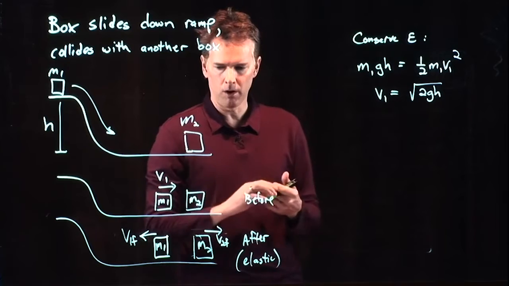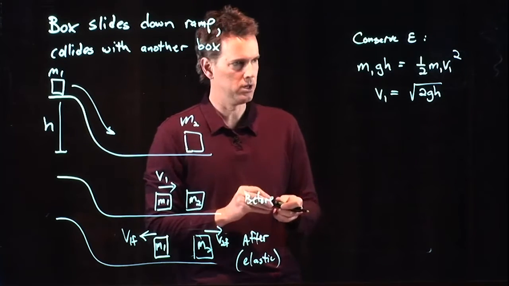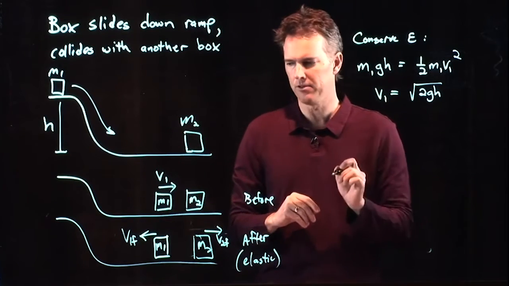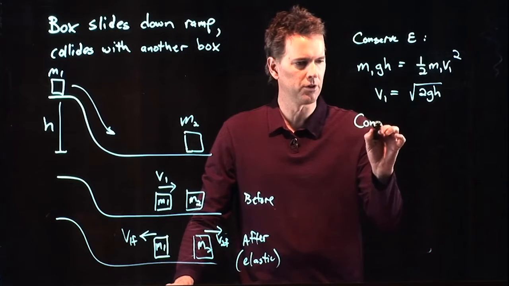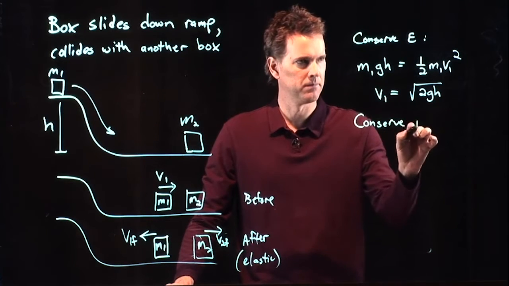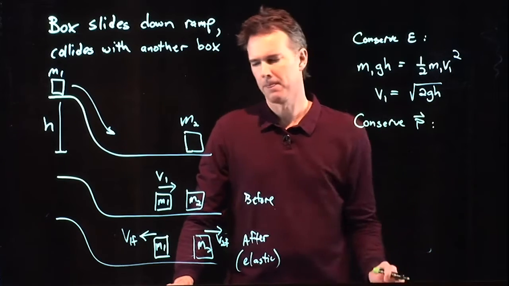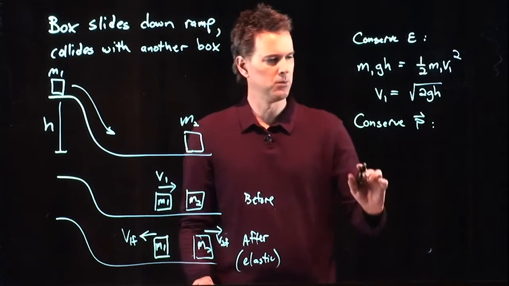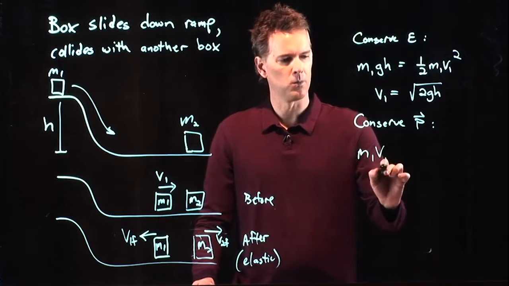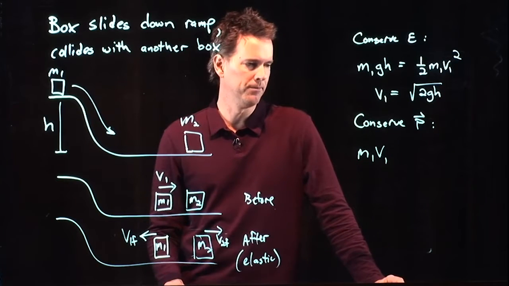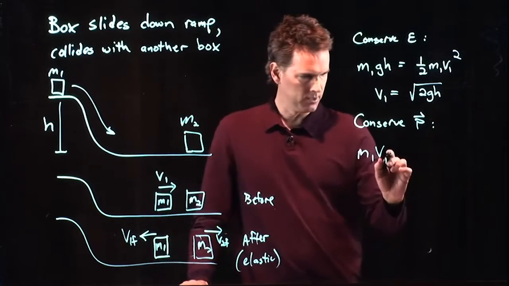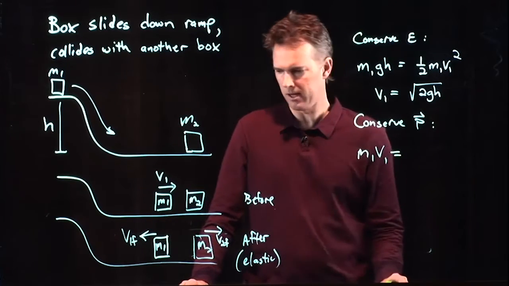So before the collision, block 1 is moving at that speed, and now during the collision, we are going to conserve momentum. Before the collision, we only have block 1 moving to the right, and so it has momentum m1 v1. After the collision, it gets a little more complicated.